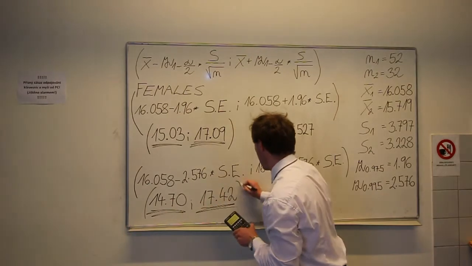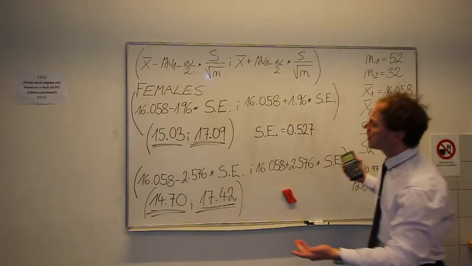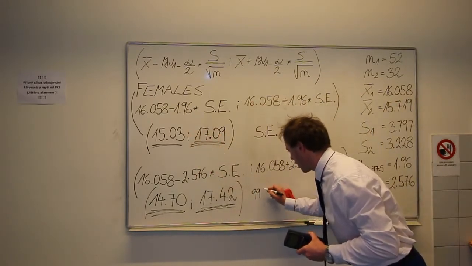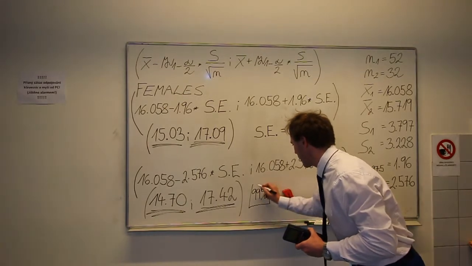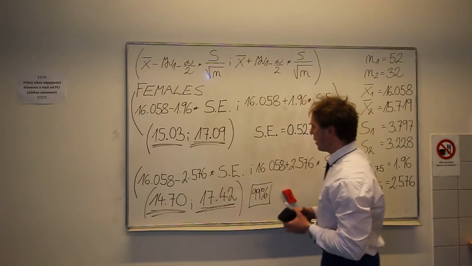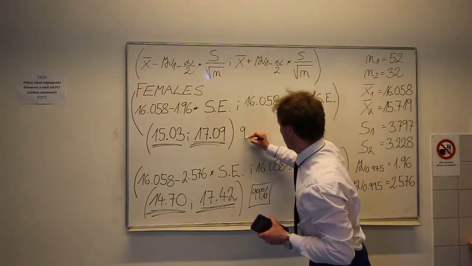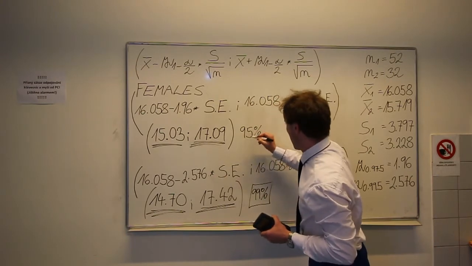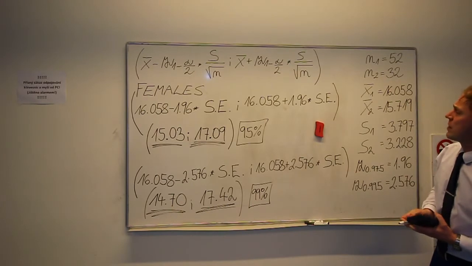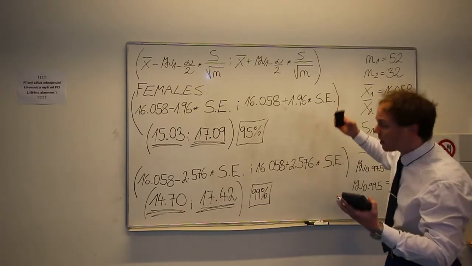17.42, yes. You can see that on the basis of the same data set, the confidence interval with 99% confidence level is wider than if we use 95% confidence level, and the same will be done for males.